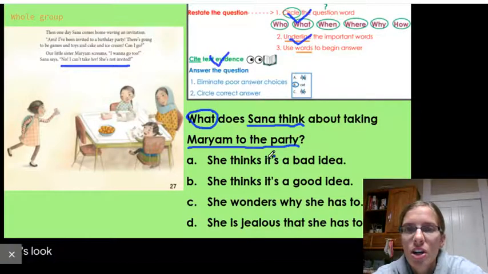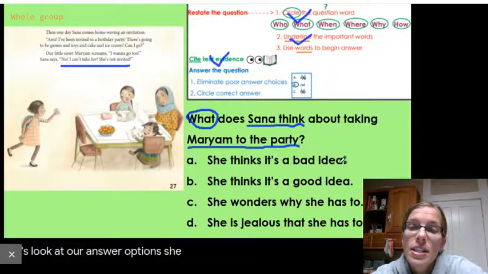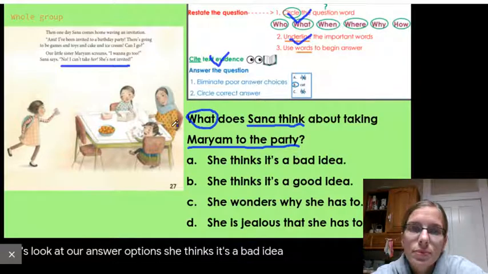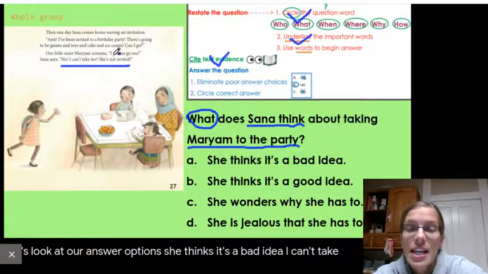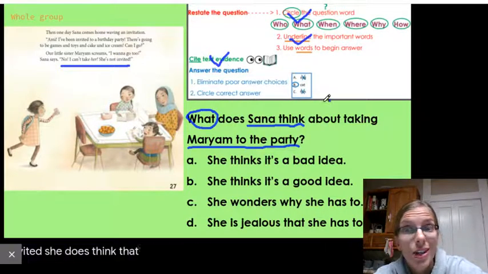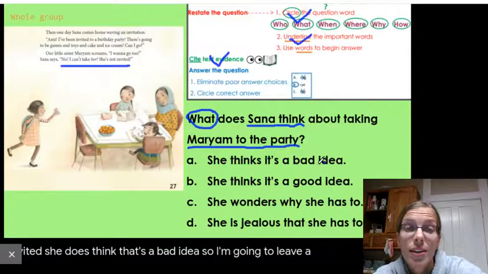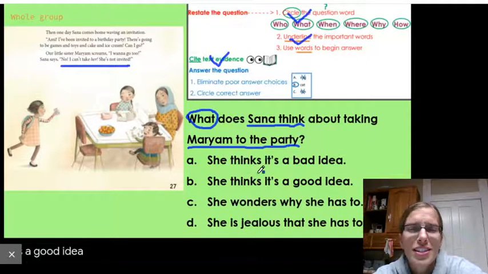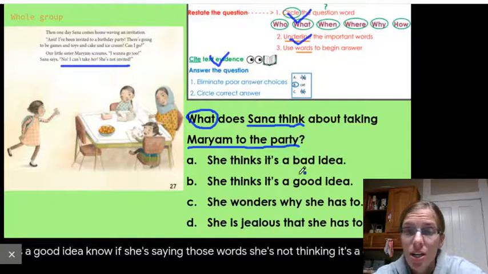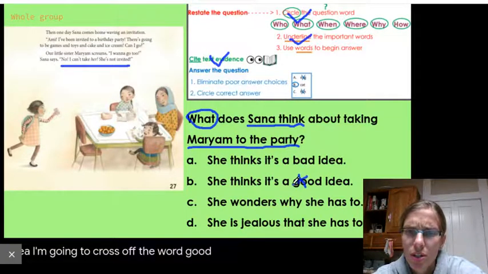Now let's look at our answer options. She thinks it's a bad idea. She says, no, I can't take her. She's not invited. She does think that's a bad idea, so I'm going to leave A. B says she thinks it's a good idea. No, if she's saying those words, she's not thinking it's a good idea. I'm going to cross off the word good.